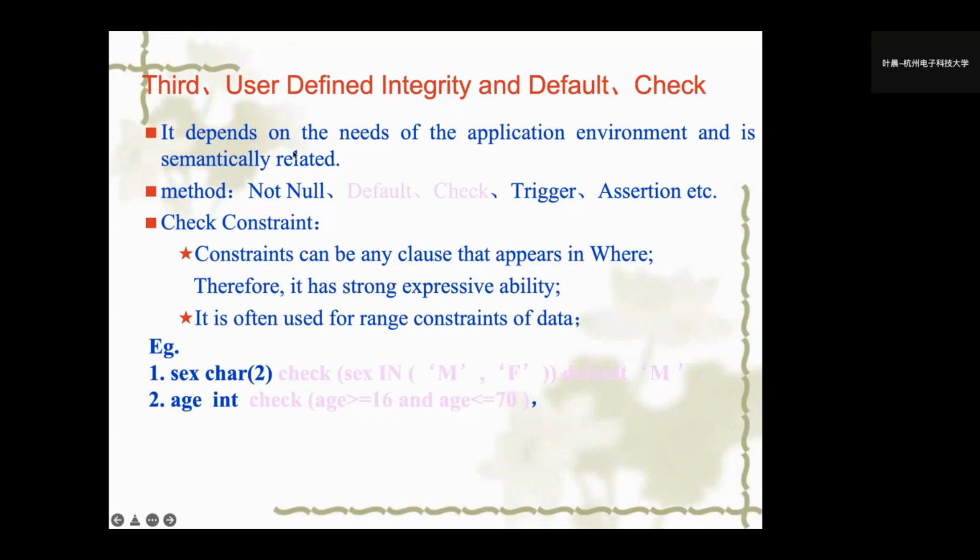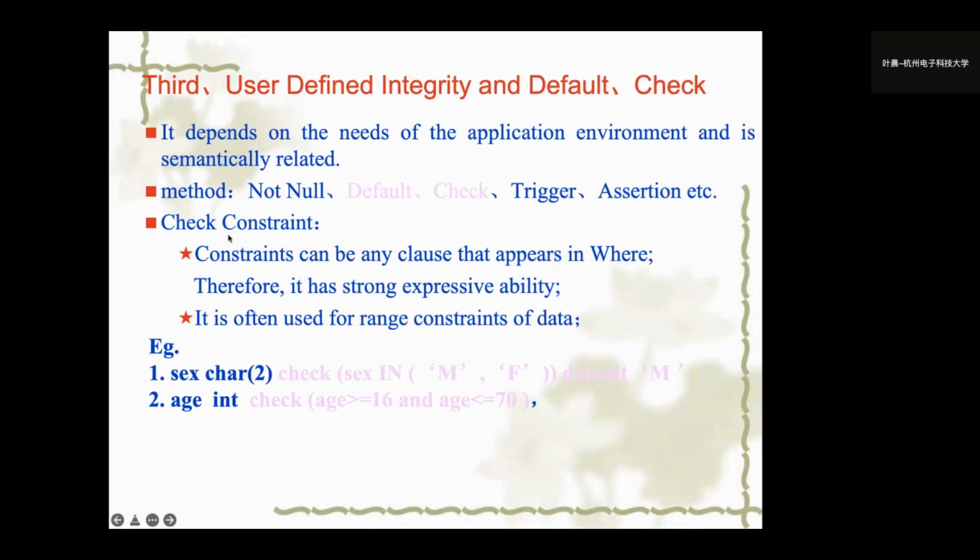And we also use several methods such as not null, default, check, trigger, assertion, and so on. And here we just introduce the check and trigger, these two solutions. The first one is the check constraints, and how to use these check constraints as a user-defined integrity constraint.